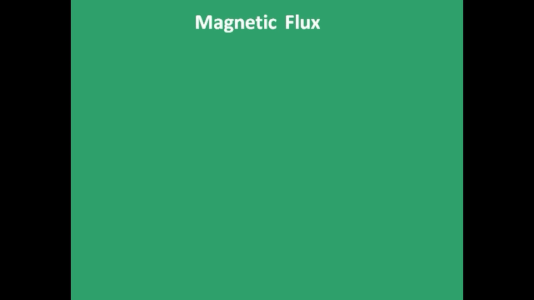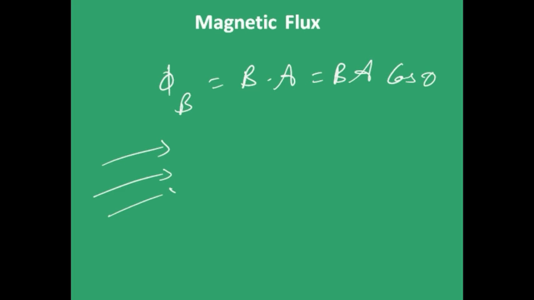What is magnetic flux? In electrostatics, we had electric field and electric flux, right? Similarly, we have magnetic field and magnetic flux here. Magnetic flux is given by the dot product of magnetic field and area vector, that is BA cos theta, where theta is the angle between the magnetic field and the area vector.